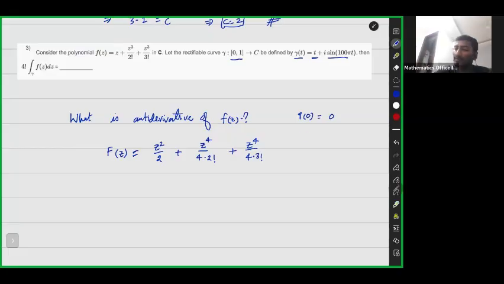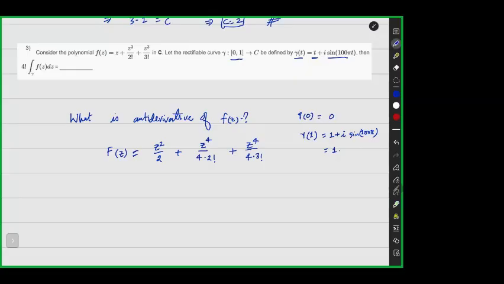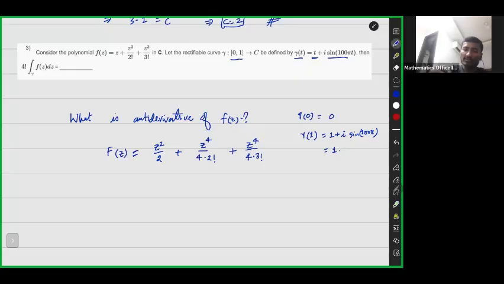So gamma of 1, what is it? It will become 1 plus i, and then sine 100 pi. What is sine 100 pi? It's 0, right? So it is 1. Now we can calculate the integral of f over gamma, f(z) dz.